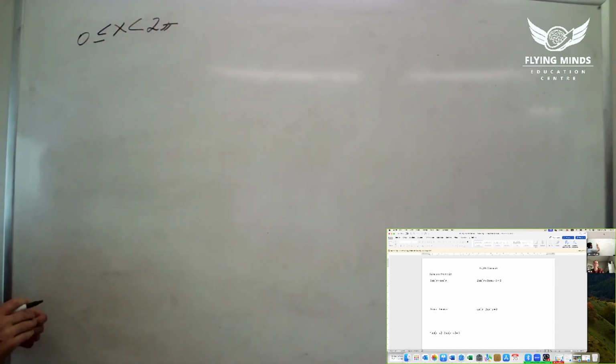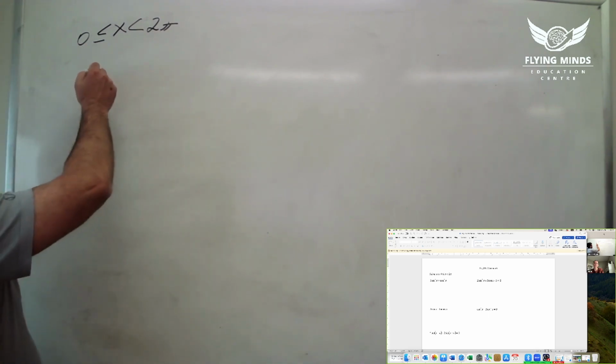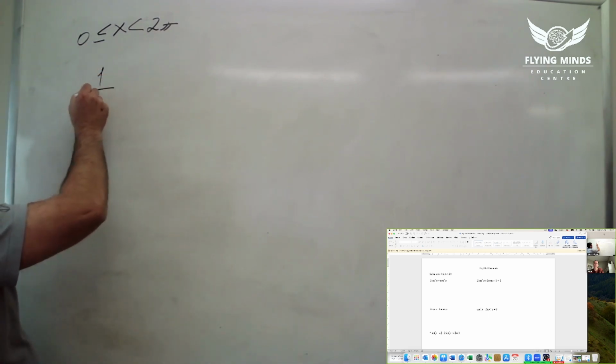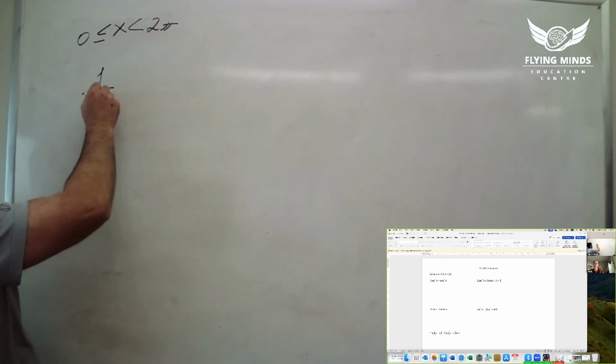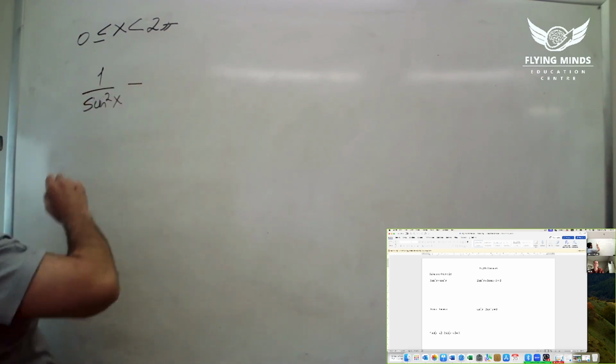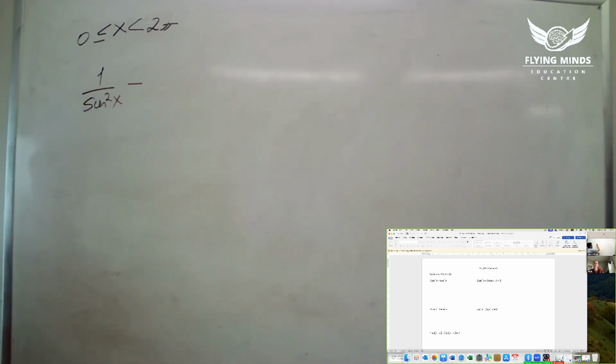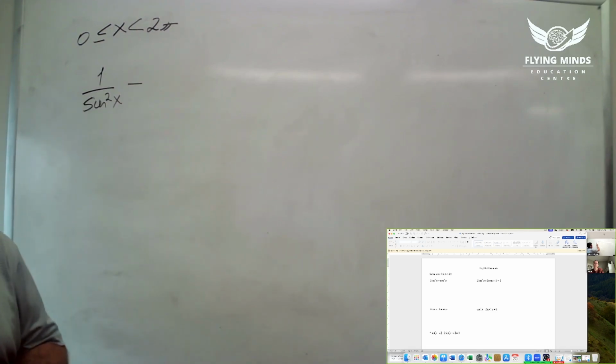I know that cosecant squared minus cotangent squared equals 1, but I don't know what to do with the 2 in front of cotangent. Okay, let's see what we can do. Cosecant is 1 over sine x. But can't I use the formula 1 plus cotangent squared equals cosecant squared? Probably.